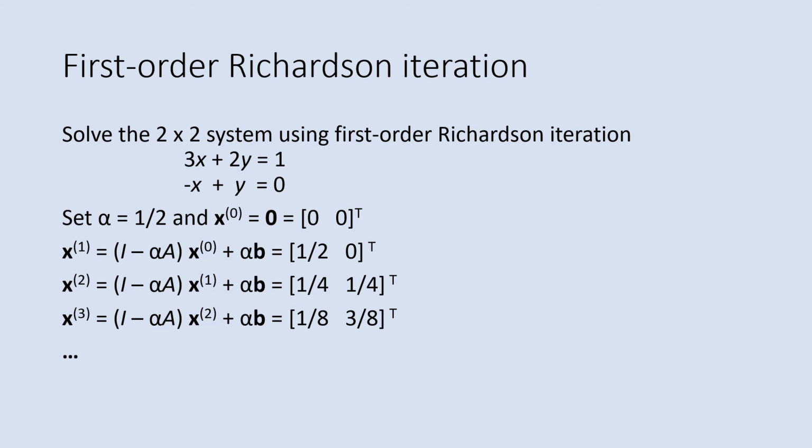It would be to your advantage to carry this out either by hand, or you could use a spreadsheet or write some Python code, and then compare that to the real answer to the system and see how long it takes to get there.